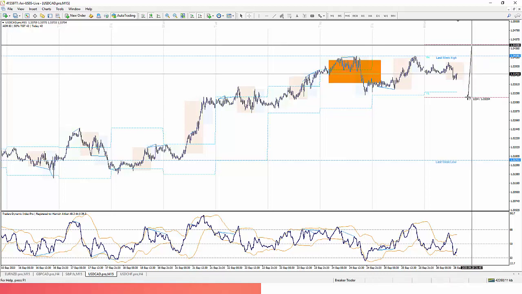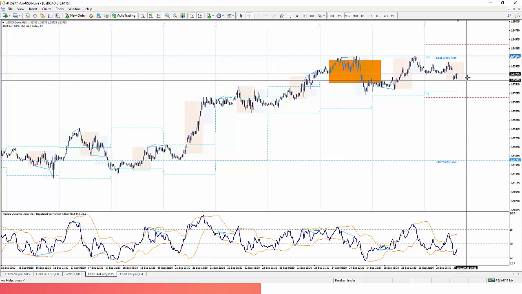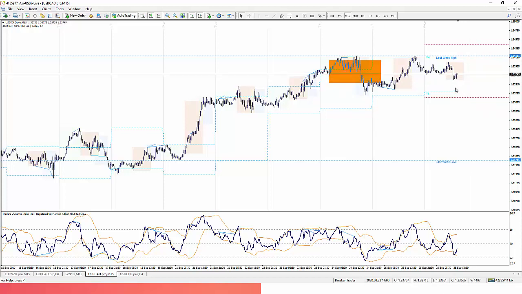If we measure that, we'll see that that is going to be 100 and... oh, hang on, it's away from the high. That is 83. Okay. If we measure from today's low up to the top one, you'll find that is also 83. So that's the average daily range that we would expect price to move in. So we can see at the moment here we're sort of mid-range, so it could go either way.